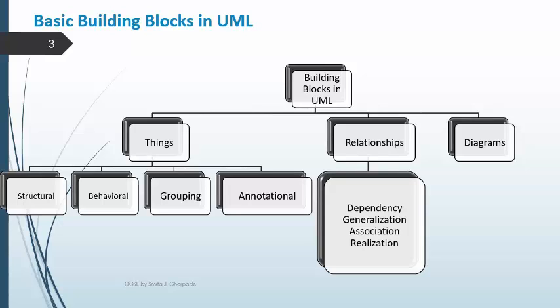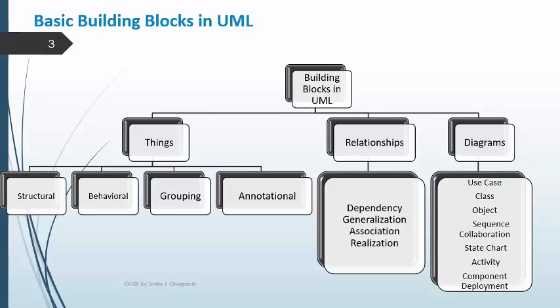Then different diagrammatic representation or model construction, 9 different diagrams like use case diagram, class diagram, object diagram, sequence diagram, collaboration diagram, state chart diagram, activity diagram, component diagram, and deployment diagram.